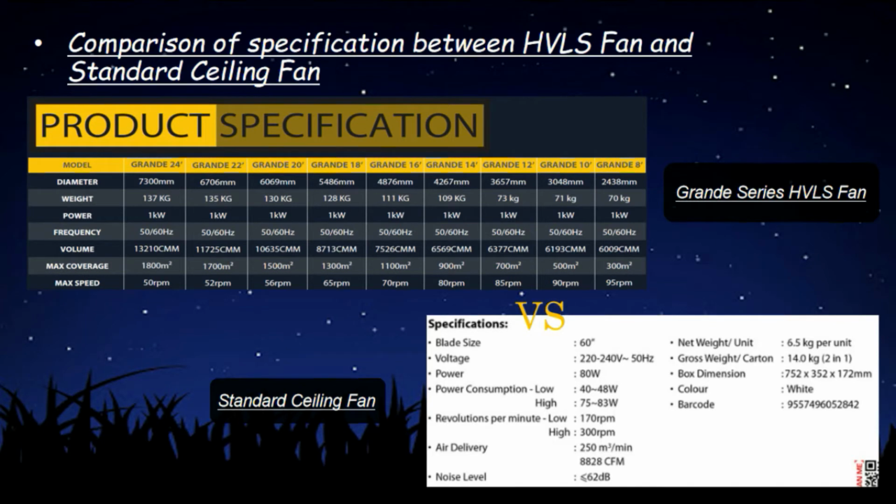As you can see in this slide, this is the comparison of specification between HVLS fan and standard ceiling fan. There are huge difference between HVLS fan and standard ceiling fan based on the size, the power consumption, the volume, and the speed of the product.